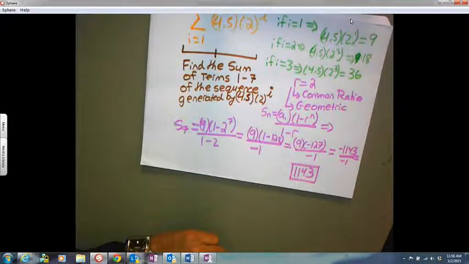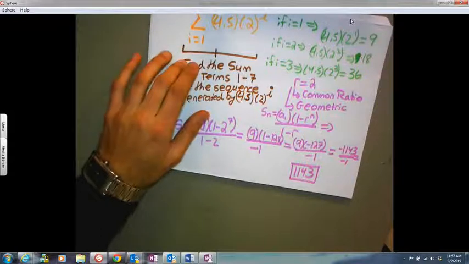Okay. Now, as many of you know, in math there's often multiple ways to solve a problem. And sometimes it's beneficial to use one strategy, sometimes beneficial to use a different strategy. So I would like to resolve this problem using a different strategy.